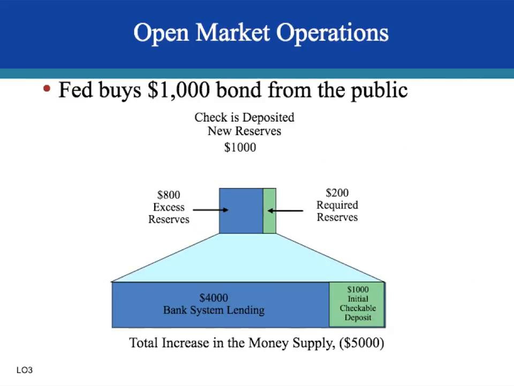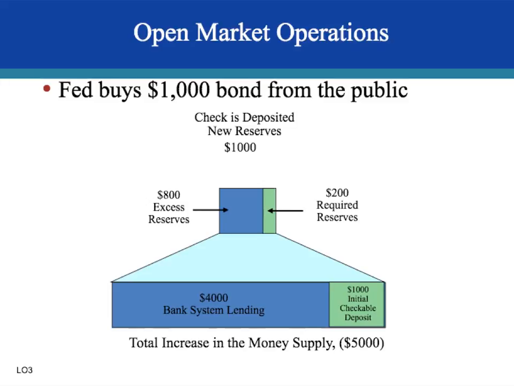Okay, so when the Fed buys $1,000 from the public, the public gives securities to the Fed. The Fed gives a $1,000 check to the public. The public then deposits that check in their bank, and since it's a checkable deposit, they have to hold a certain amount of required reserves.